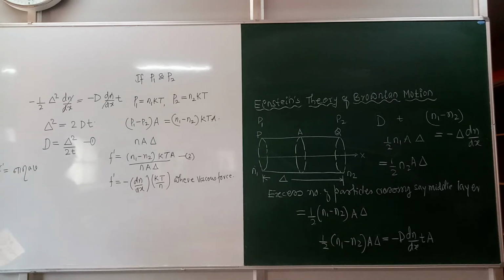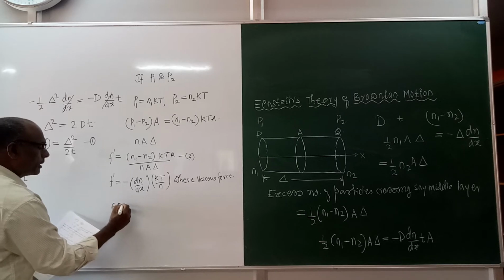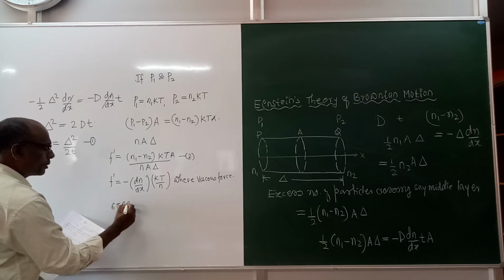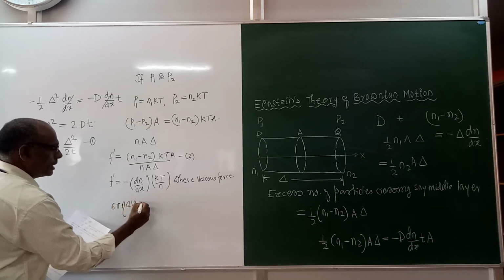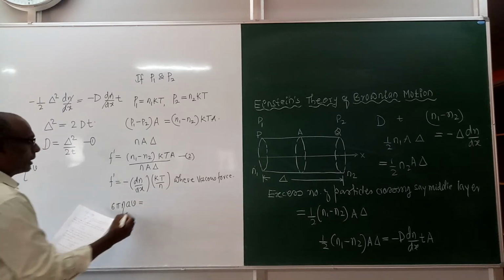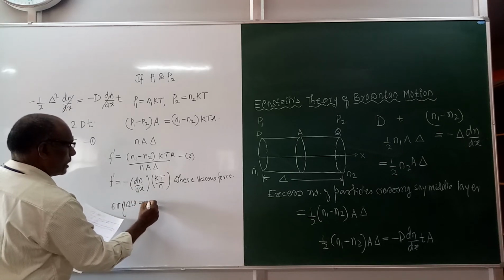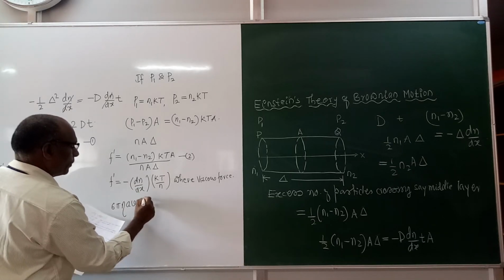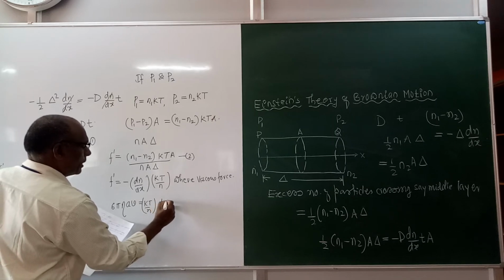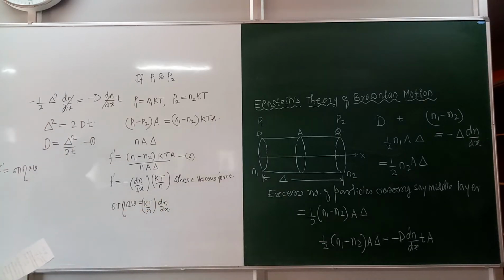So this will be equal to 6 pi eta, the coefficient of viscosity, a into v, is equal to this k T by N dN by dx, where dN by dx is the gradient.